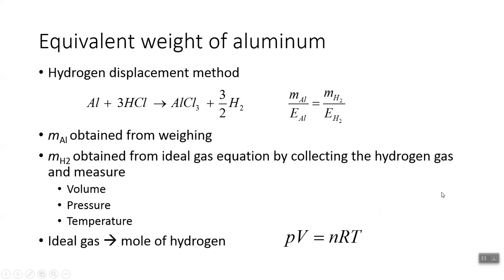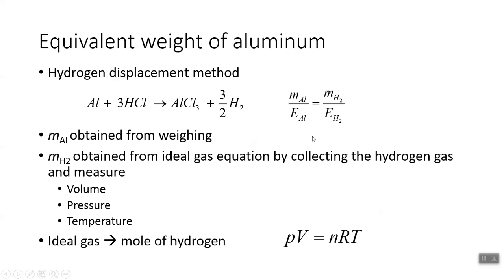How to determine the equivalent weight of a metal? If the metal can react with hydrogen, we can use the hydrogen displacement method. We will react it with an acid, for example, hydrochloric acid, to produce hydrogen. We already know the equivalent weight of hydrogen is 1.